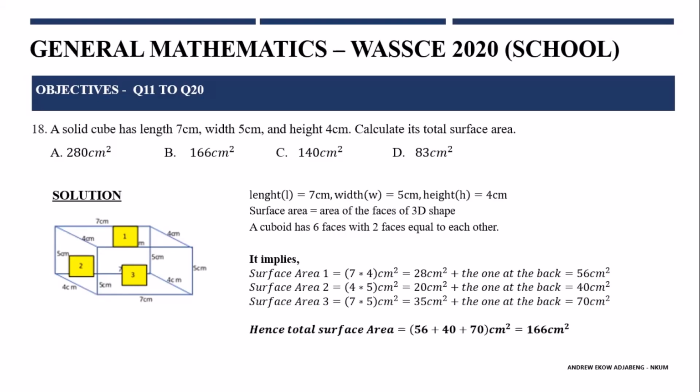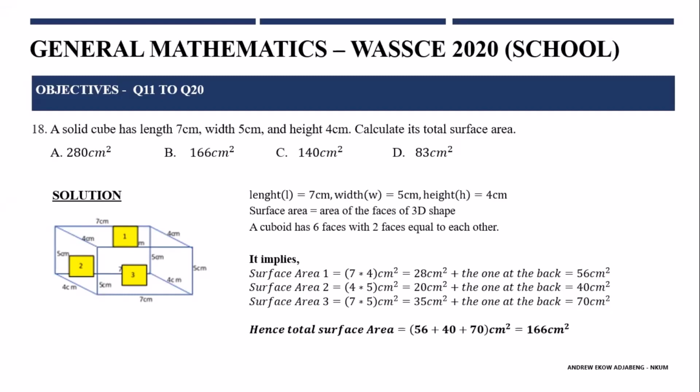Then the surface area 2 is equal to 4 times 5 centimeters squared. Don't forget, we solved for the front surface, and now we are solving for the other surface. That is the height, which is the 4 times the 5.